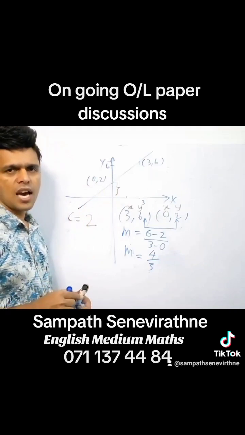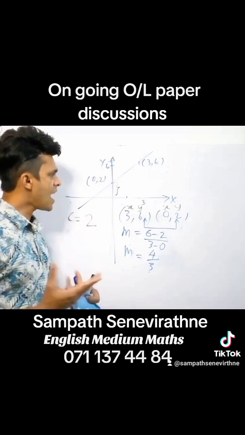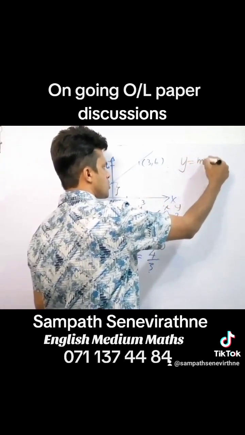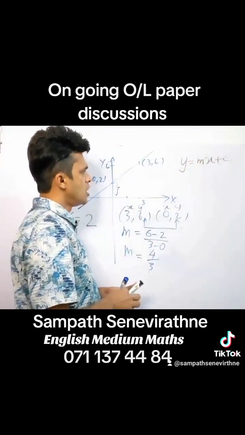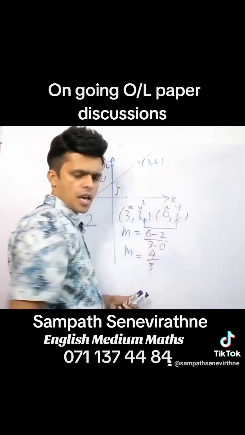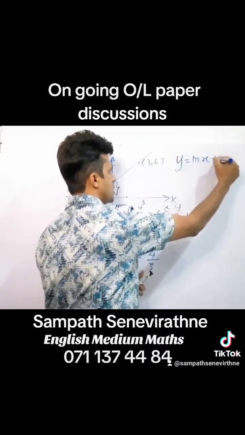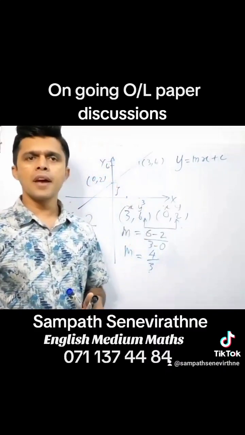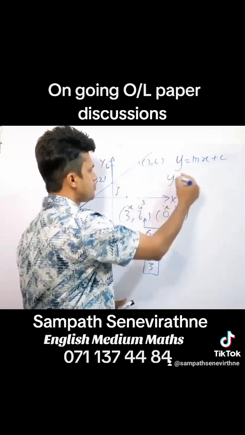Previously I mentioned that the common form of linear graphs is y equals mx plus c. We've calculated the values of m and c, that m equals 4/3.